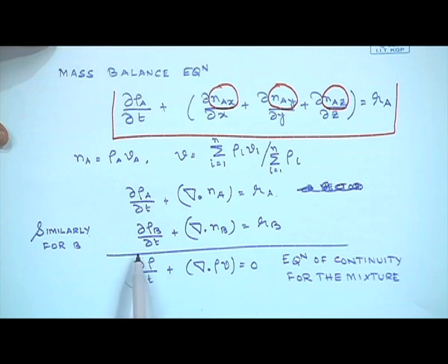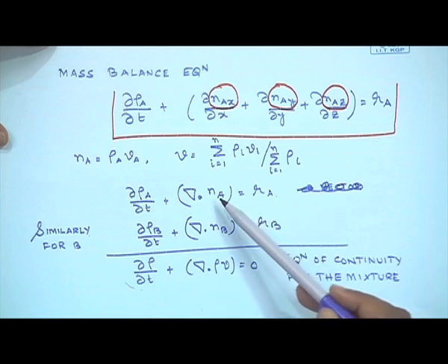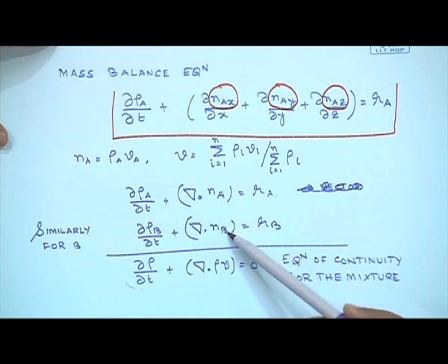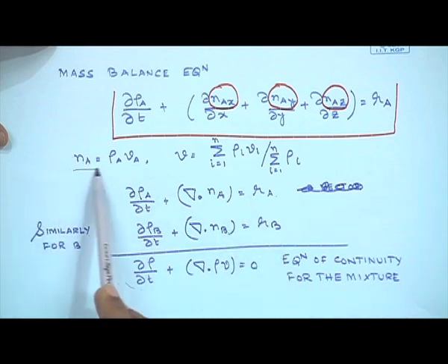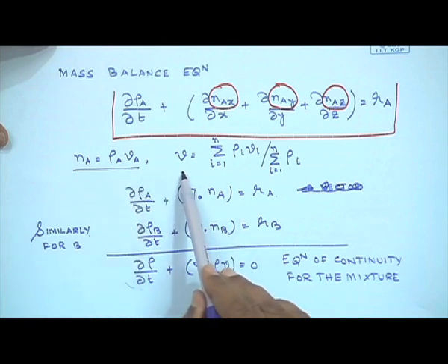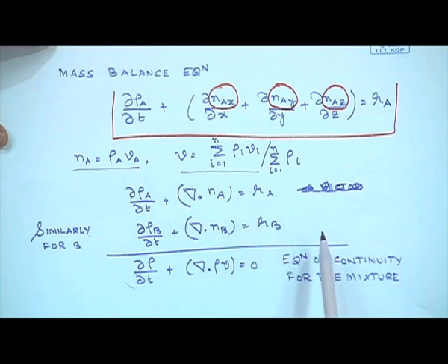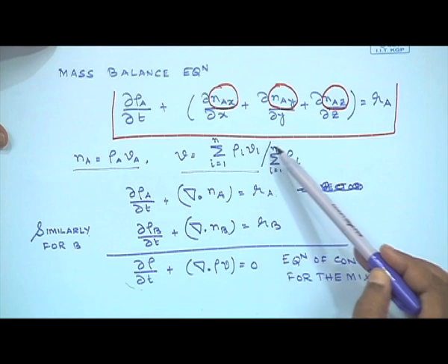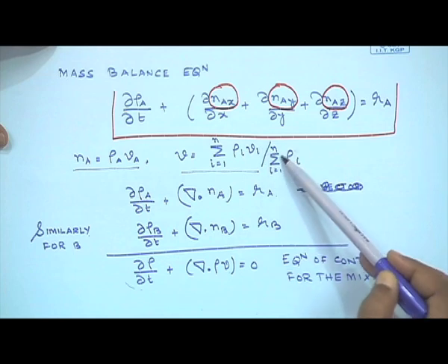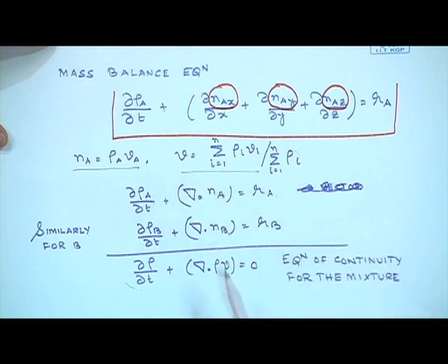So, the first term becomes this, and secondly, the sum of mass fluxes, that is NA and NB of the two species. If you look at the expression of NA and the definition of V, then you can clearly see that NA plus NB is simply equal to rho V. So, rho A VA plus rho B VB divided by rho is V, so the sum is rho times V.